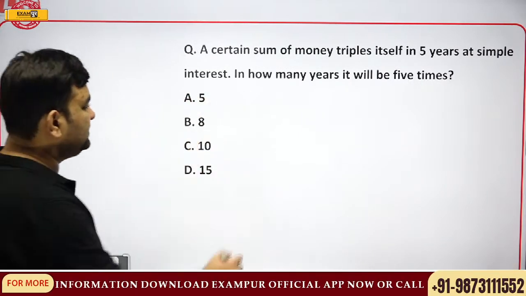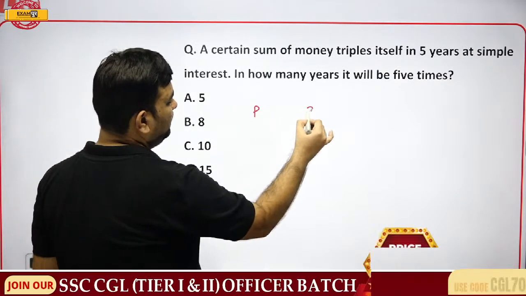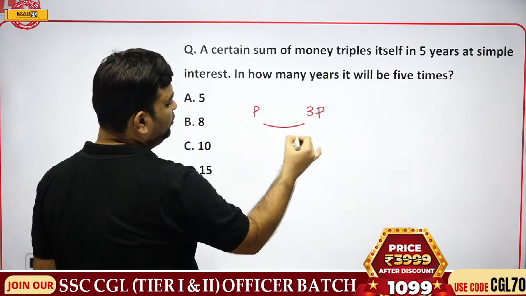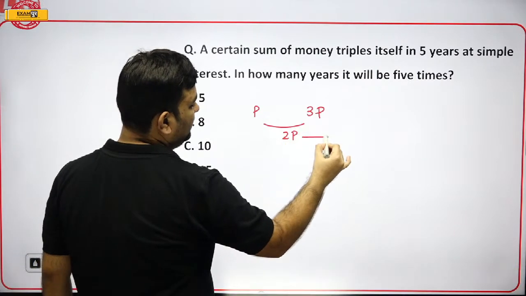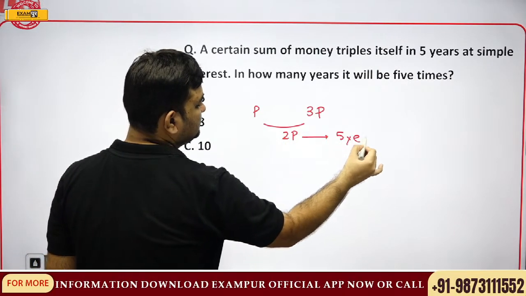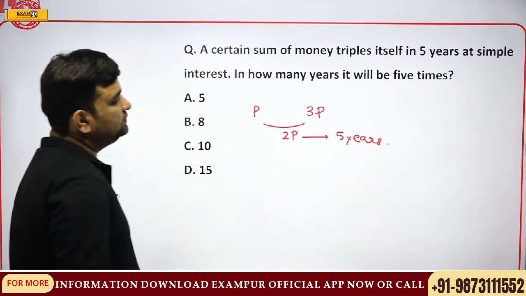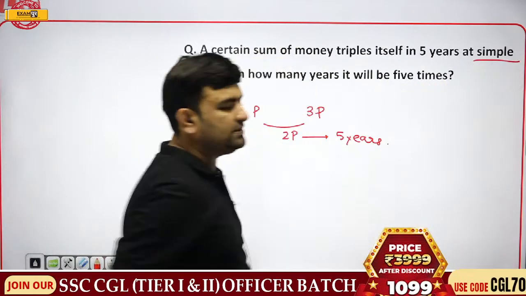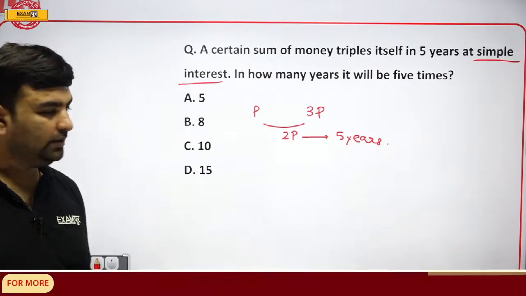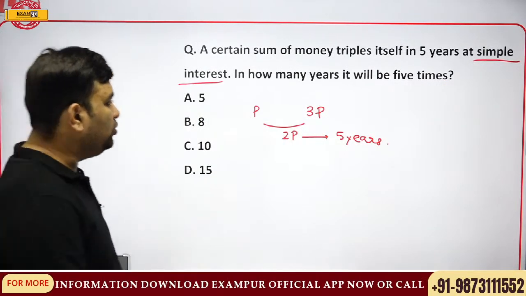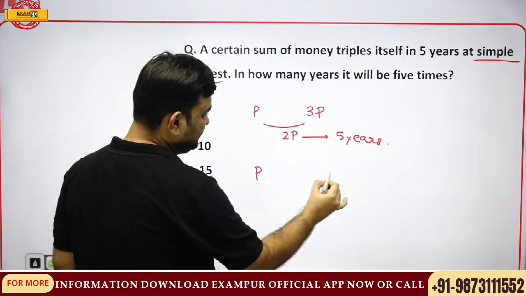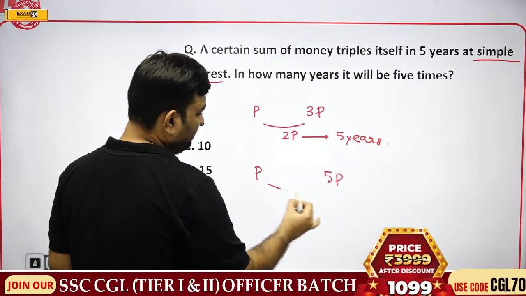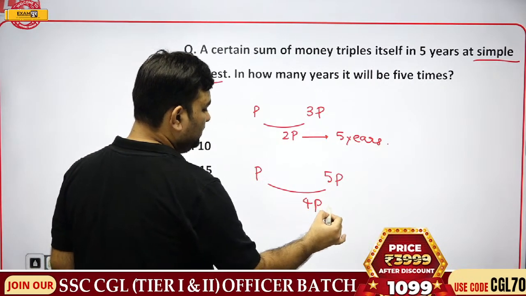Money triples in 5 years. P becomes 3P, an interest of 2P in 5 years. First read what is written, simple interest or compound interest. Simple interest, P becomes 2P more. In how much time will it become 5 times? 4P.